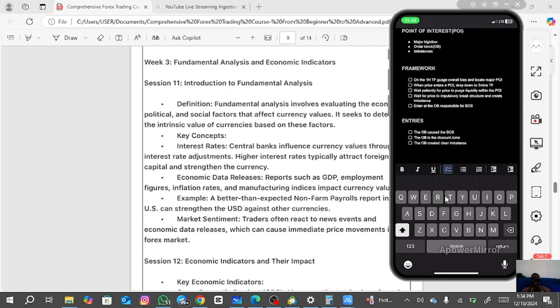That's where I'm going to take my entry from. Is the OB in a discount zone? If yes, you just check mark it. Did the OB create a clear imbalance? If yes, you just check mark it. So that's it. Once your criteria are met, then you can go in on a trade.